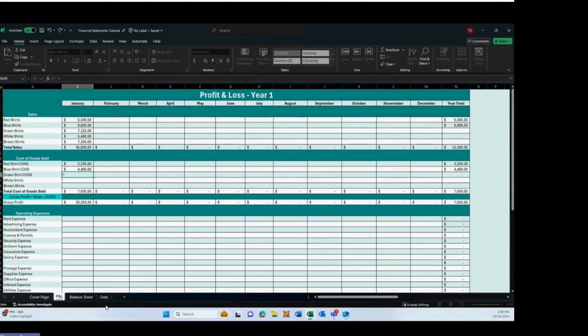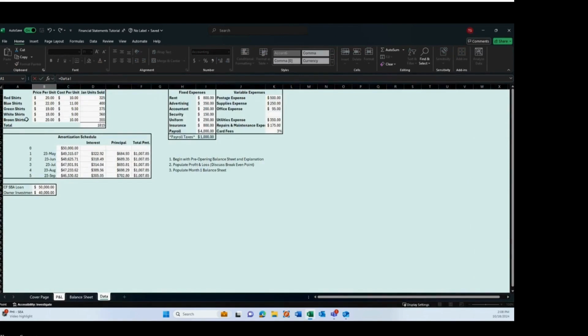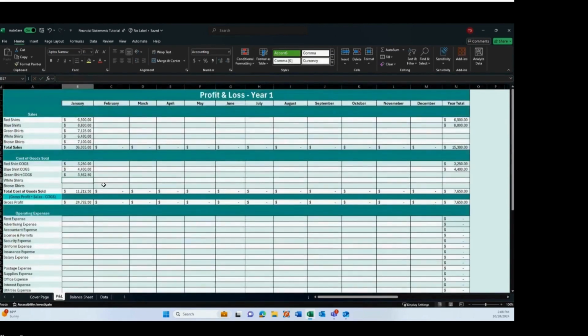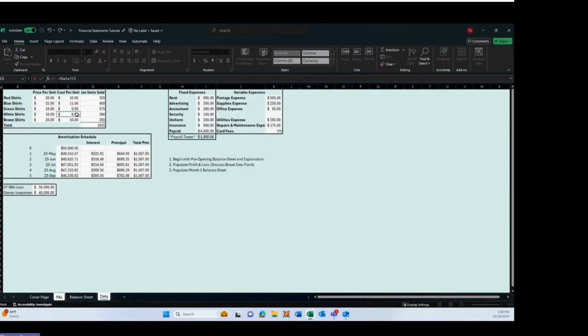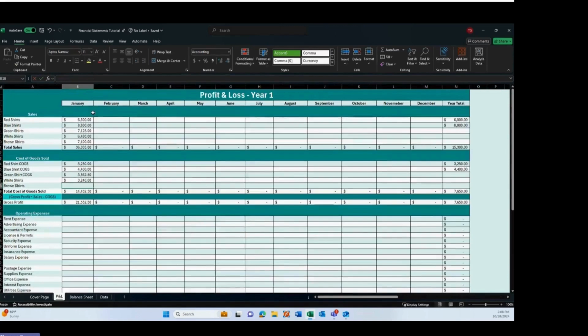Moving on down the line, and go with green shirts equals $9.50 is what each green shirt costs us to purchase. So times 375. There we are. White shirts, $9 per unit times 360 units.